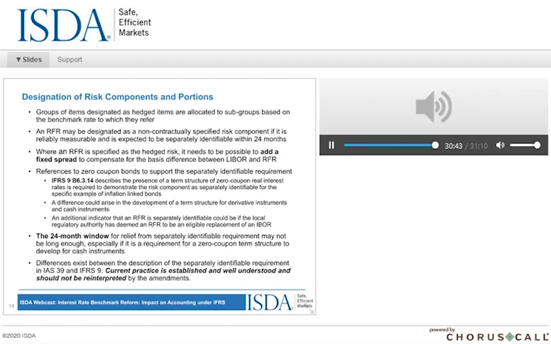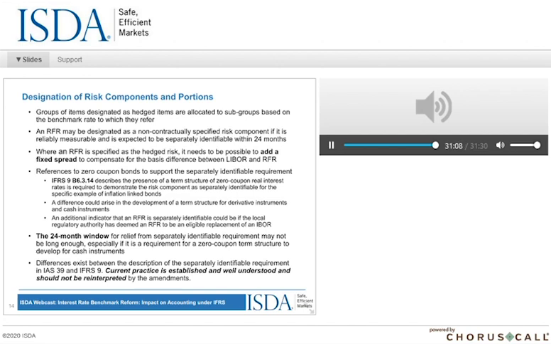With respect to the IASB's proposals for amending hedge relationships as hedging instruments transition from IBORs to RFRs, ISDA's members identified that where an RFR is specified as a hedged risk, it needs to be possible to add a fixed spread to compensate for this basis difference, which may be present between an IBOR and an RFR when instruments transition.